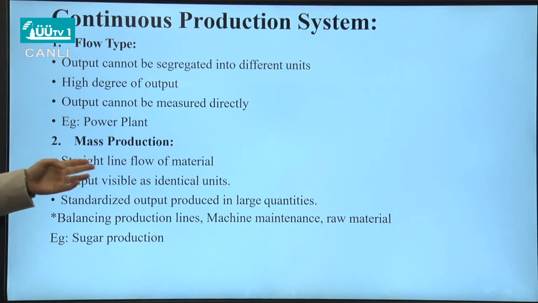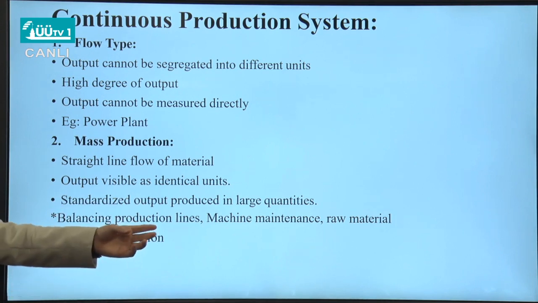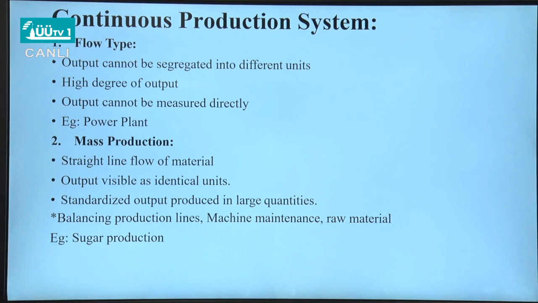And the mass production: straight line flow of material, output visible as identical units, standardized output produced in large quantities, and also in the mass production we can encounter some kind of bottleneck problems that we need to solve.